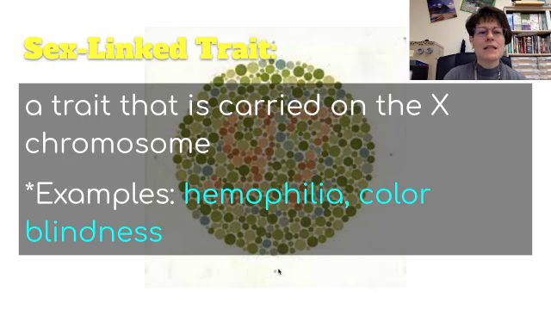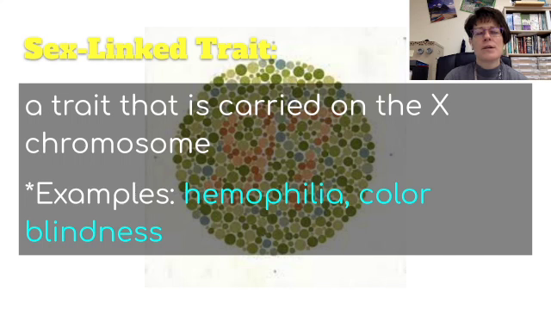But these sex-linked traits are also more common in males than in females because remember, females have two X chromosomes, males only have one. And so females have more genetic material on the other chromosome to cancel out. A lot of times, these sex-linked traits are recessive. So if they have a dominant on the other chromosome, it's good.